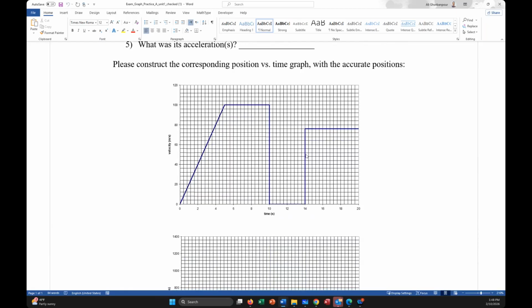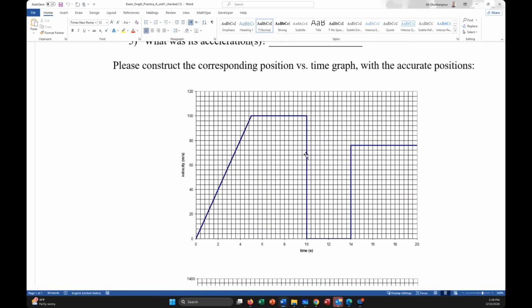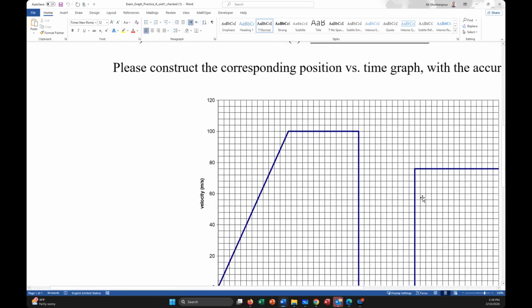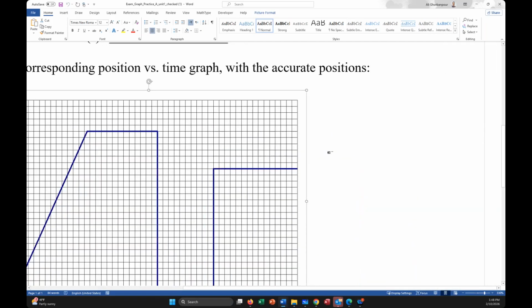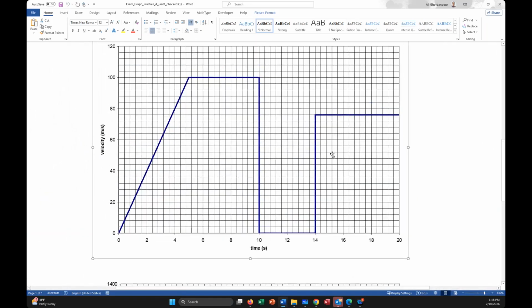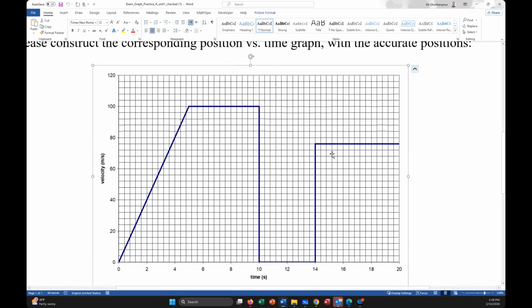Now it keeps increasing until 100, yes? So the first 5 seconds, it's accelerating. Is it accelerating to the right or left? To the right, because the velocity is positive. The velocity is positive 20, positive 40, it is accelerating to the right, speeding up to the right.